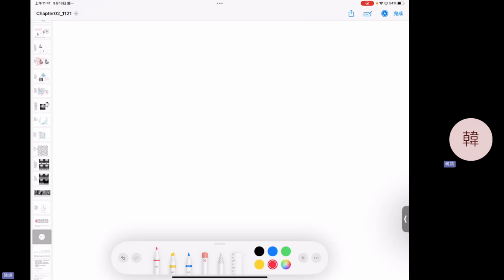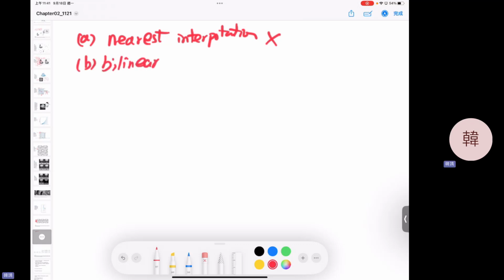The previous one we call nearest neighbor interpolation. Oh, it's bad. Okay, so we can do some bilinear interpolation. How do you do that one?